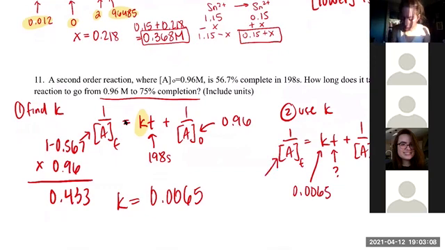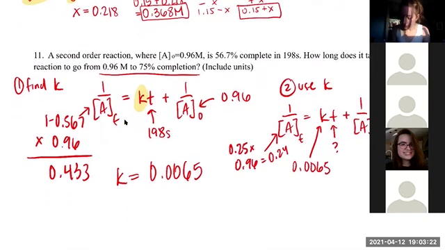We know our final is going to be 25% of our initial because 75% is gone. And that will give us a final answer of time with 454 seconds.